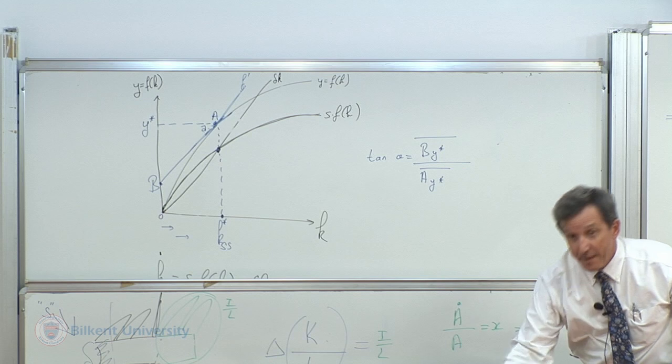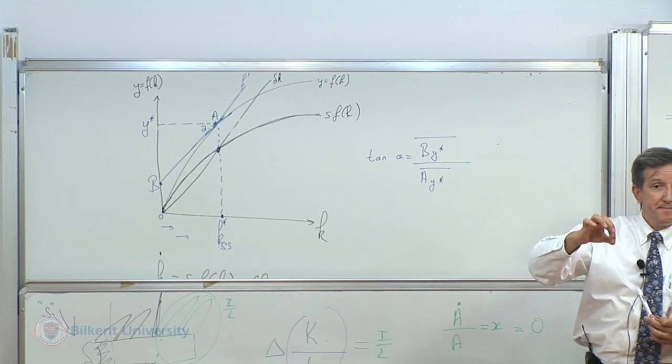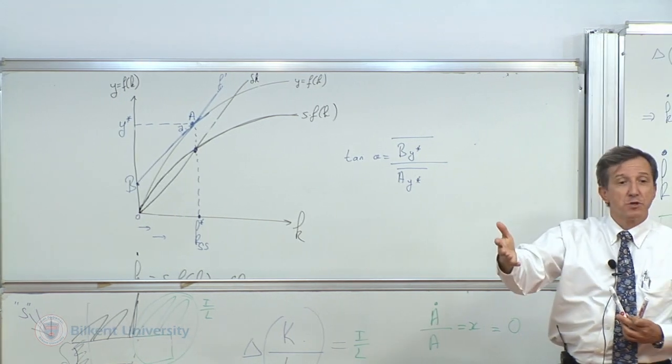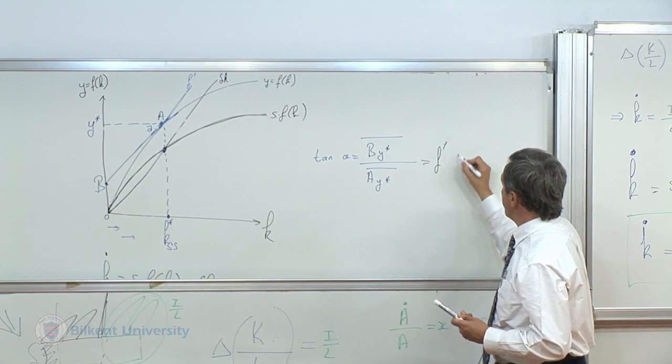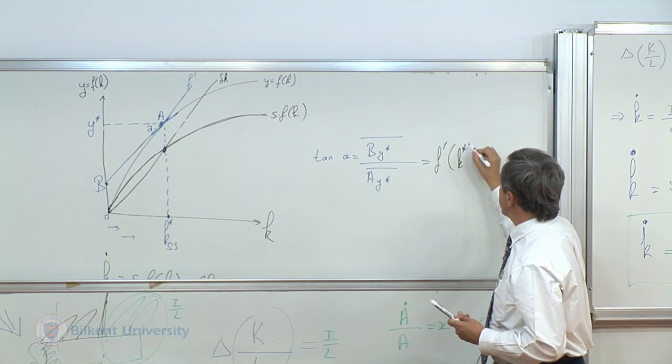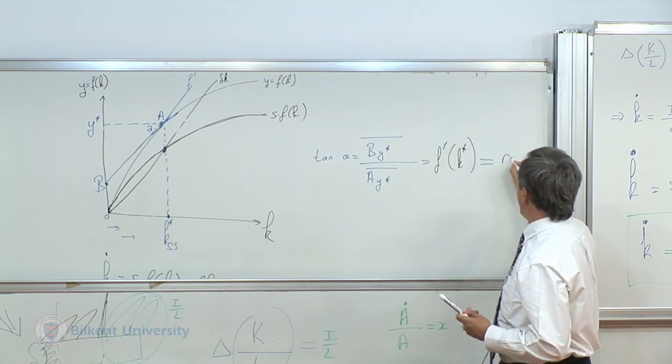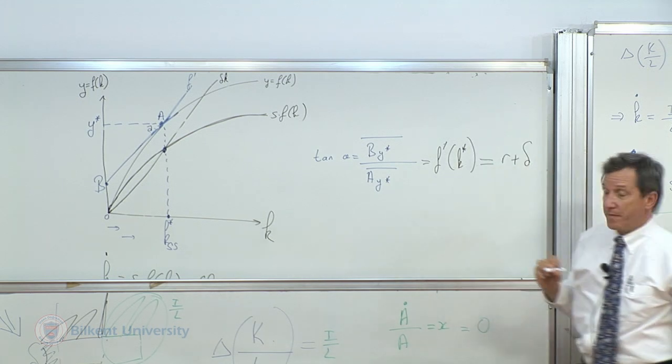And this tangency, now I'm using economics, is equal to F prime, valued at this K star, is equal to R plus delta.